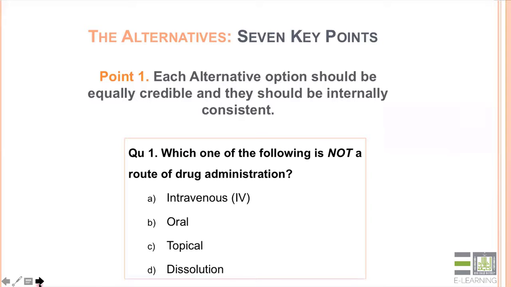If we have a look at this example below, you can see that all of the alternatives are relating to the topic of pharmacy and pharmaceutics. So they're all plausible answers to this question that asks which of the following is not a route of drug administration.